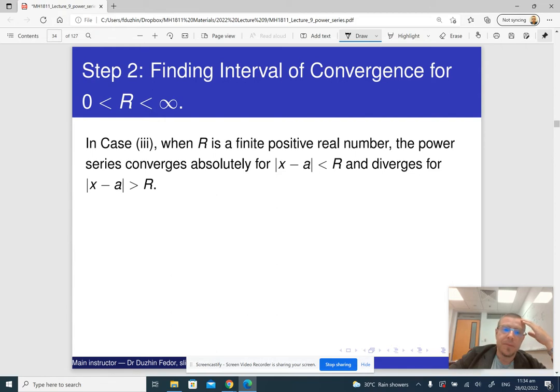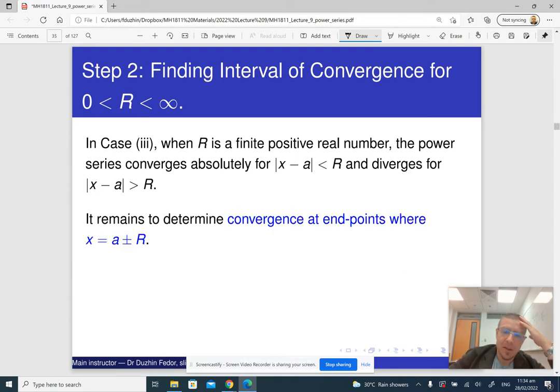At the endpoints, you just have to start over, and usually the limit comparison test or the alternating series test will help you.